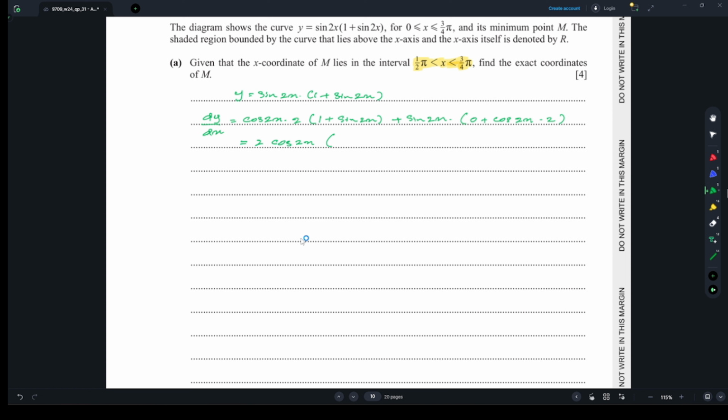So I will have here 1 plus sine 2x plus sine 2x. So here we have 2 cos 2x times 1 plus 2 sine 2x.